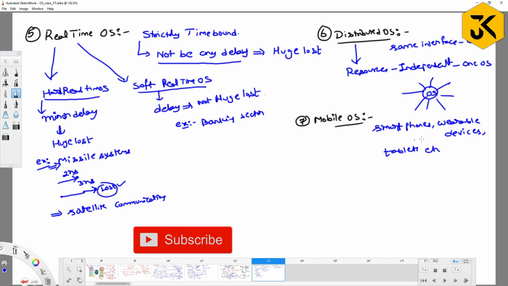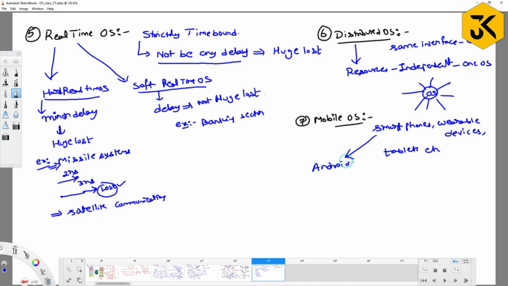For all these things we use this kind of operating system. For a smartphone, the Android operating system is there. For a wearable device like a smartwatch, there are operating systems as well. Like that, for small handheld devices, they come up with various kinds of operating systems, right?